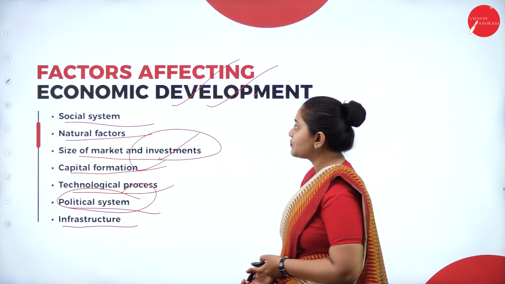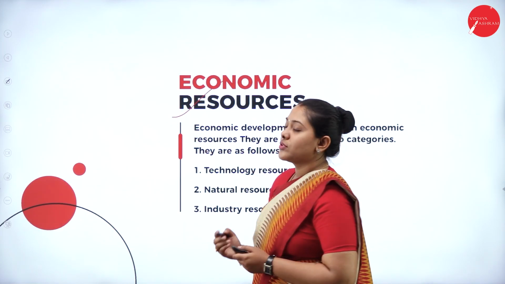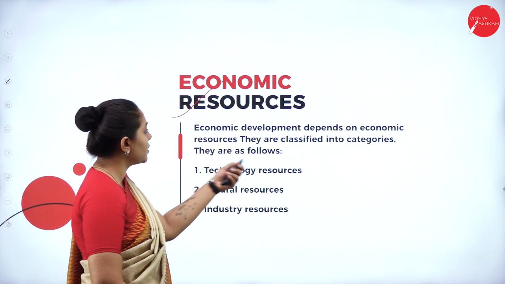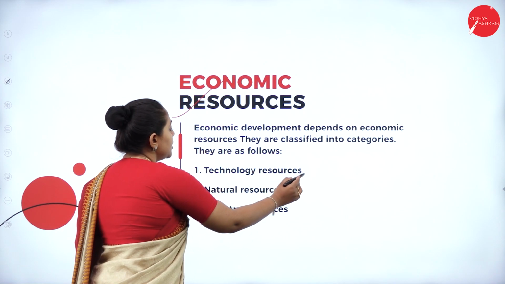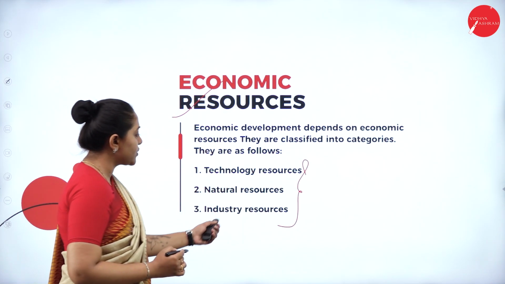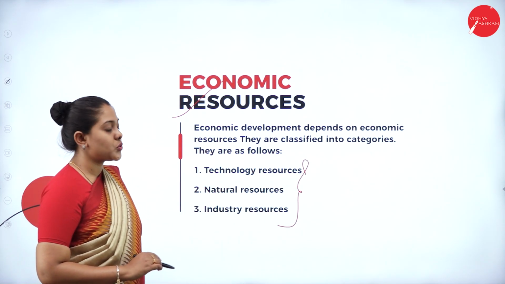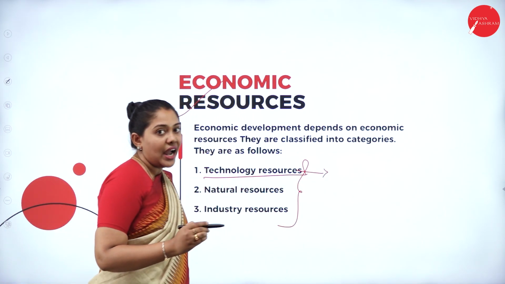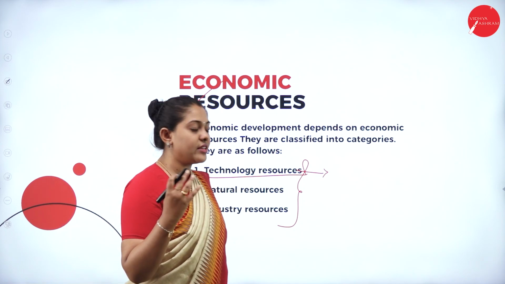Moving forward, what are the economic resources? I've been talking about the resources. What are those resources? They are mainly classified as technology resources, natural resources, and industry resources. Technology resources refer to IT or the software that is there.